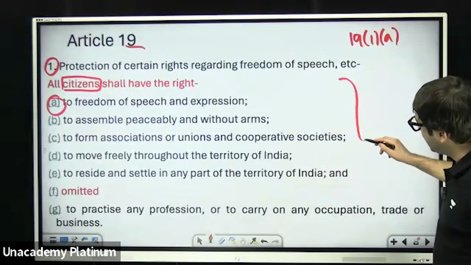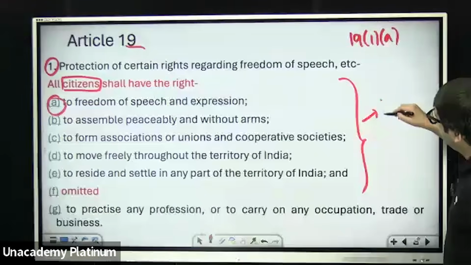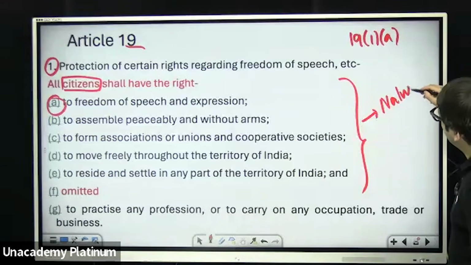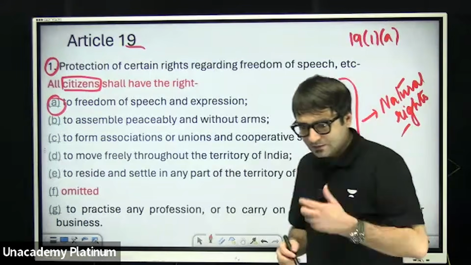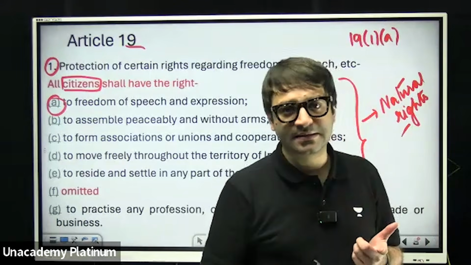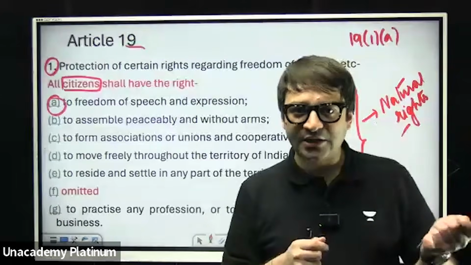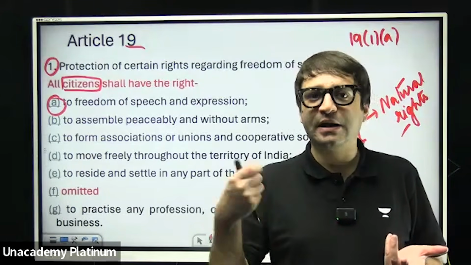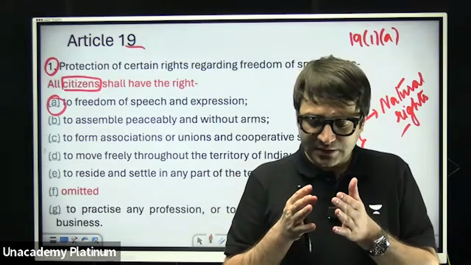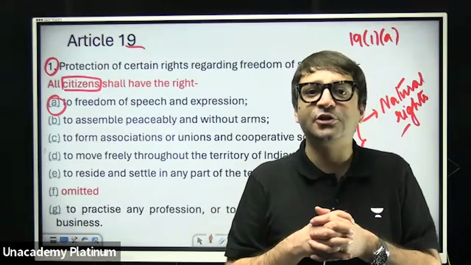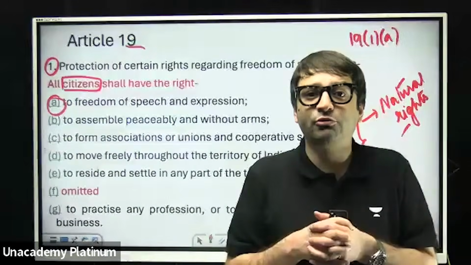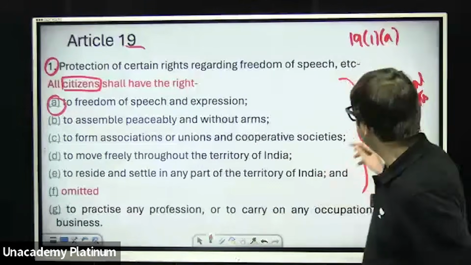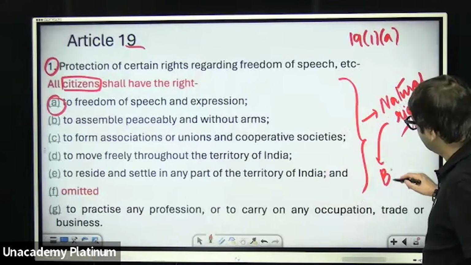These rights which are provided under Article 19, we call them natural rights. This is natural. This is synthetic. Natural, it occurs naturally. Synthetic, which is developed, which is manufactured. We say these rights under Article 19 are natural rights because they occur naturally to an individual because of the accident of birth.